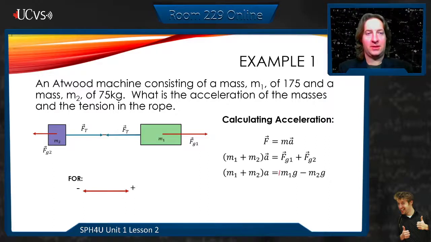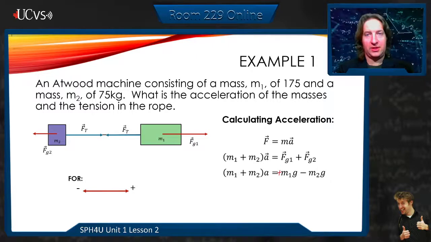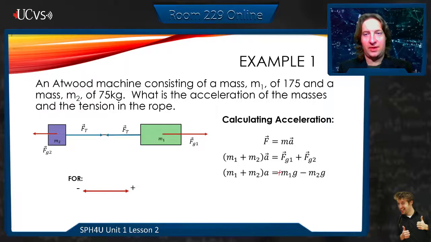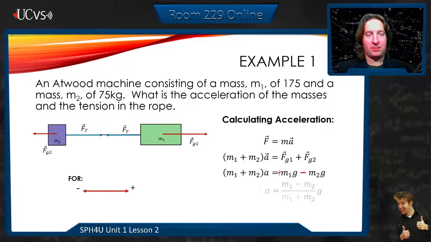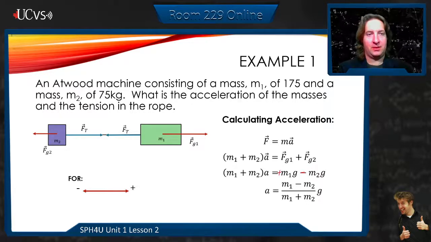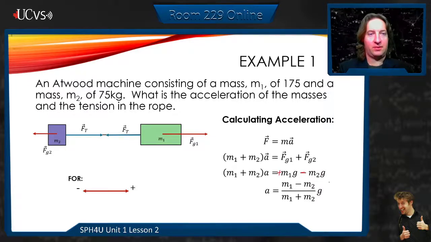However, Fg2 is going to be going to the left. This smaller vector is to the left. That's the negative direction, so I have a negative sign here. I can factor out the g and divide both sides by m1 plus m2. Since g is a common factor, I factor out the g, and I end up with m1 minus m2.